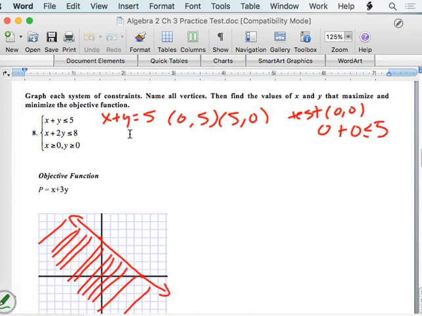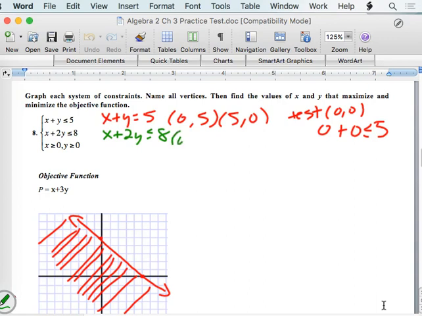And this one is x plus 2y is less than or equal to 8. I don't like where the mouse is sitting right there. There we go. That one the same way. You just solve that one for y. What would you do? Thumb method again? Yeah, most people would do the thumb method.